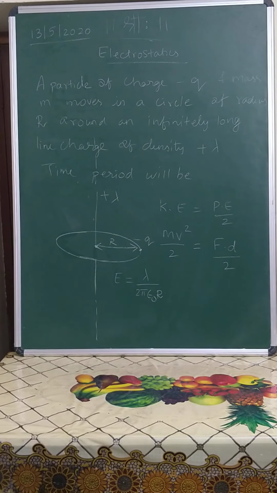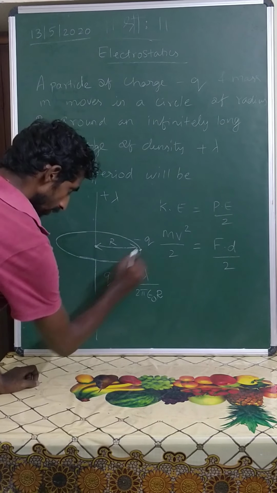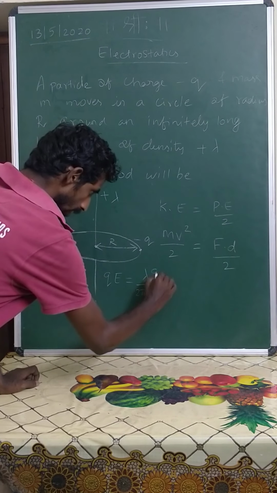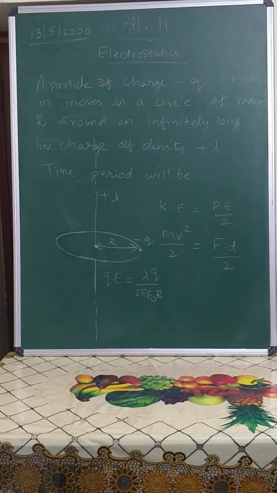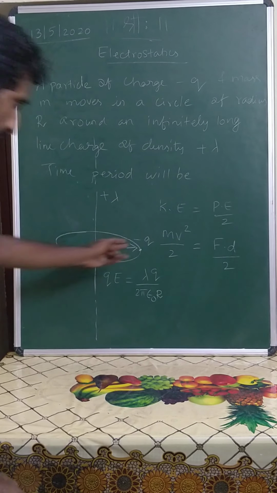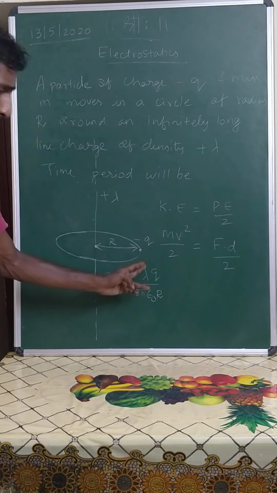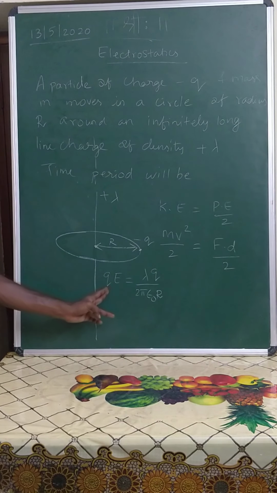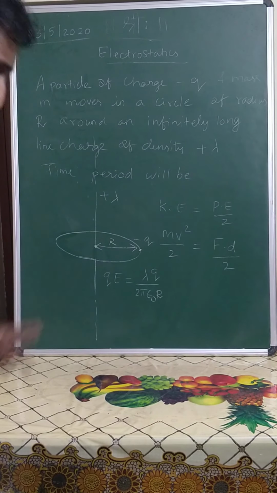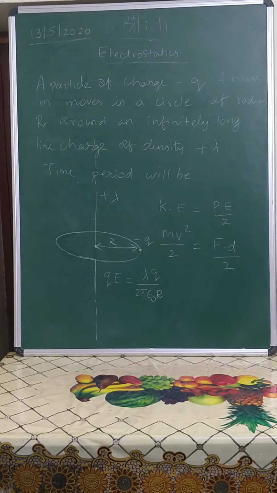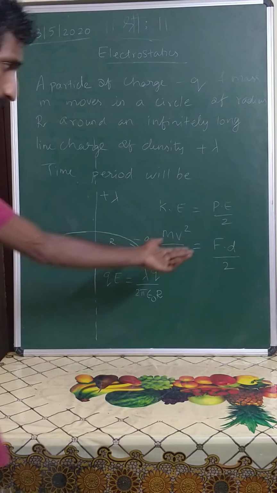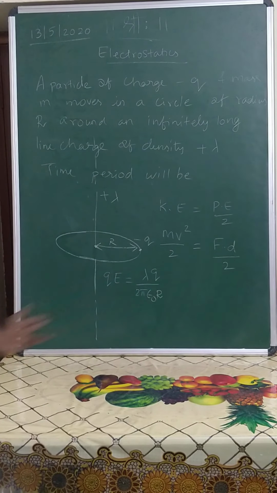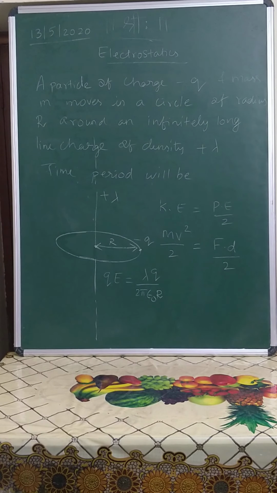So QE is the force, which will be lambda q by 2 pi epsilon naught r, the magnitude of the force experienced by this negative charge. This is the potential energy, and half the potential energy will be the kinetic energy.